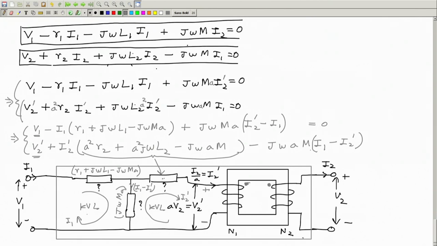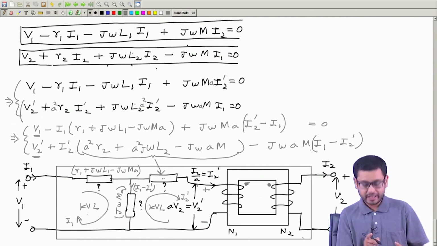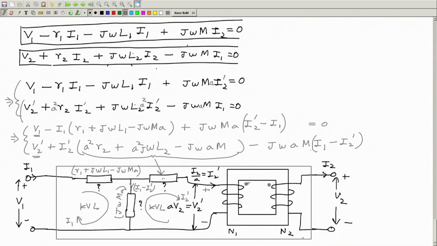Let me summarize this once again. Verify yourself. If I choose these impedances to be these, and if I have this transformer, an ideal one with N1 by N2 equal to A, given value of A, then the relationship between V1, I1, V2, I2 will be same as the practical transformer. So this therefore is going to be an equivalent circuit of the given practical transformer.